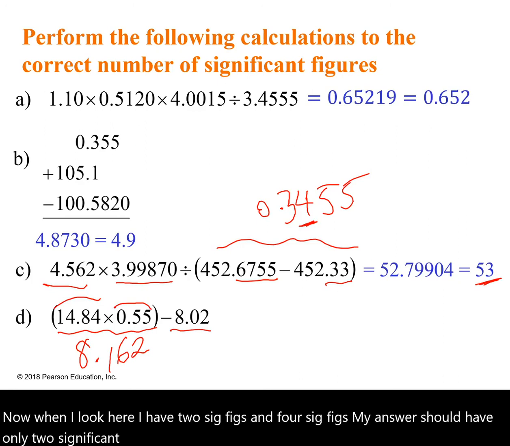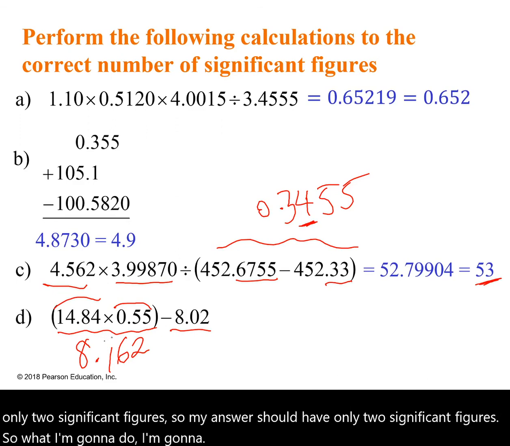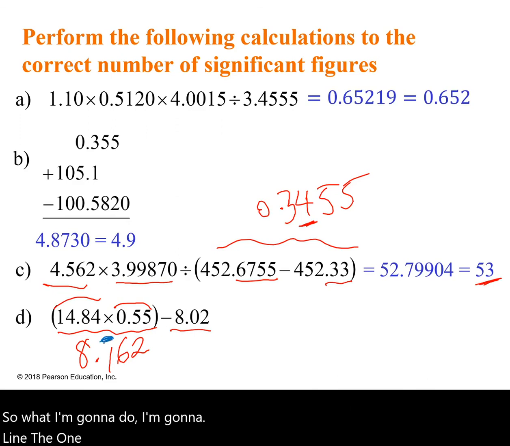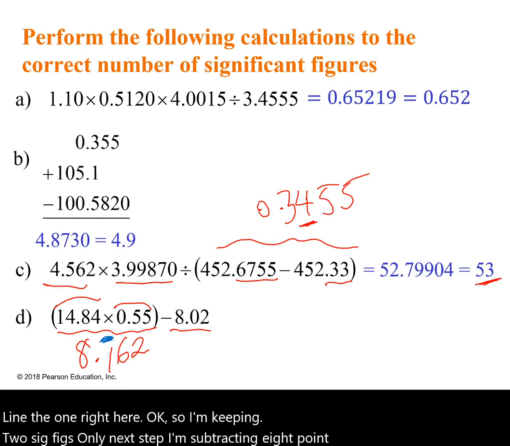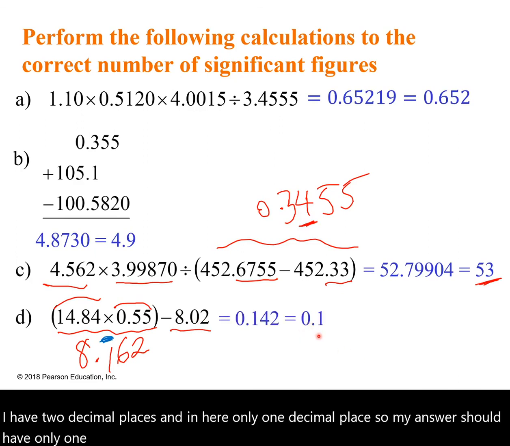So what I'm going to do, I'm going to underline the 1 right here. Okay, so I'm keeping 2 sig figs only. Next step, I'm subtracting 8.02 from it. When I subtract 8.02, I have 2 decimal places, and in here only 1 decimal place, so my answer should have only 1 decimal place, 0.1, 1 decimal place.